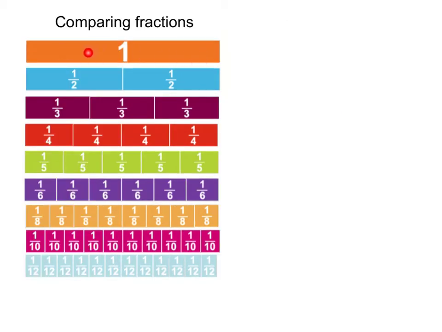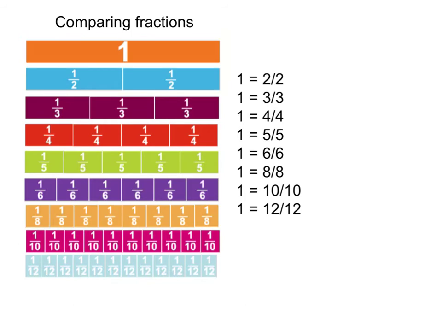The first thing I'm going to do is write out all of those fractions that are equal to 1, so you can see those. These are all the fractions that we just went over. We have 2/2, 3/3, 4/4, 5/5, 6/6, 8/8, 10/10, and 12/12.